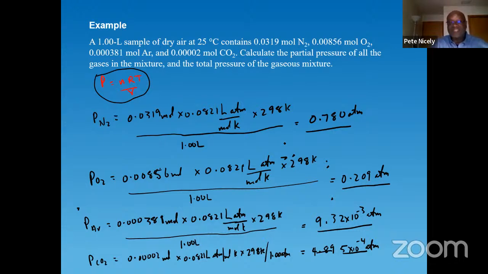According to my calculations, this works out to be equal to, how many decimal places? According to this, it should be 2 decimal places. So when you add all these together, you're going to get 1.00 atmospheres. And that's basically how that is done.